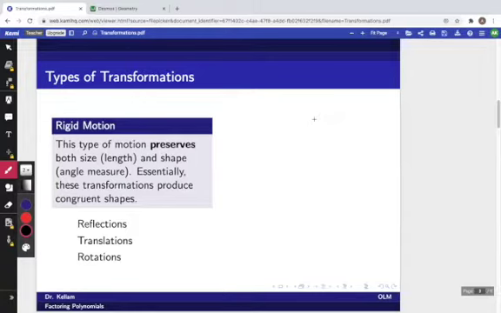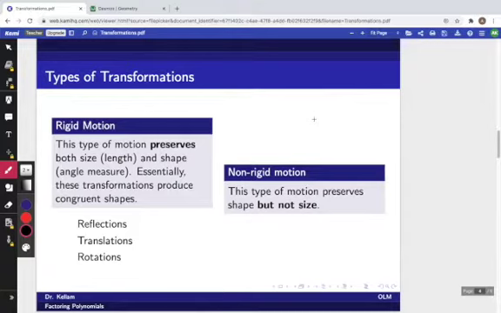The other type of motion is non-rigid motion. And the difference is the shape remains the same, but the size has changed. And this is actually something that we have experience with. Anybody who has to go to the eye doctor periodically has to get their eyes dilated.